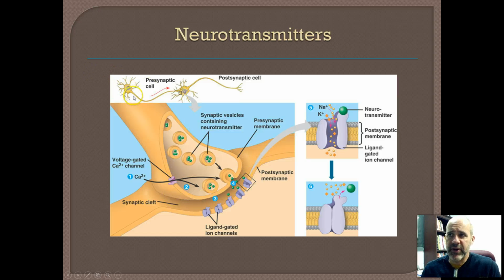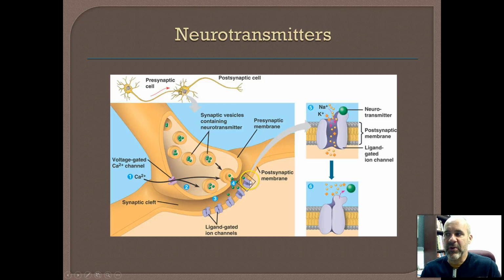An action potential travels down the axon of your presynaptic cell, as you see here in the diagram. And as that action potential reaches the axon terminal here, a voltage-gated calcium channel opens. That influx of calcium ions causes these vesicles that are storing neurotransmitters to travel up here to the surface. They spit out their neurotransmitters.